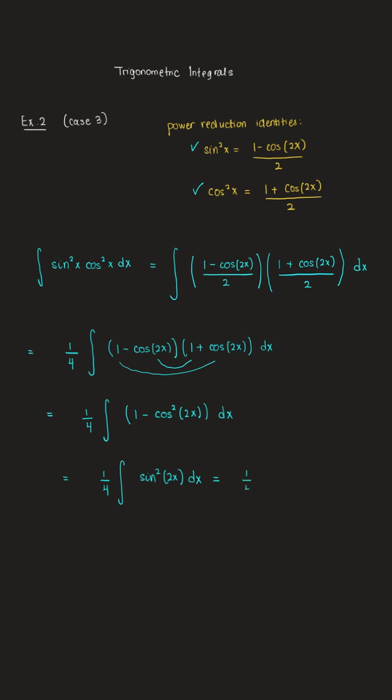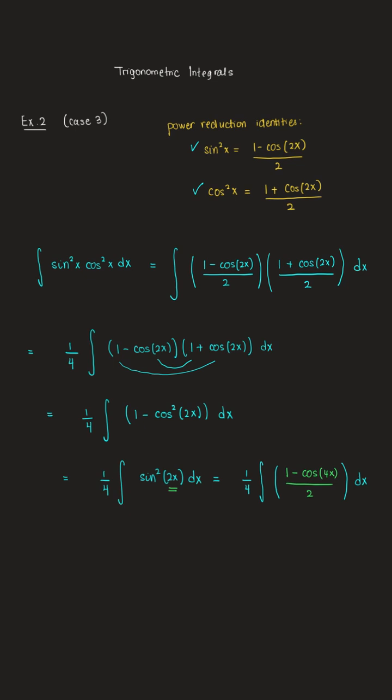So I'm going to write 1/4 integral and use the power reduction identity again. But notice that this time our angle is 2x. When we use the power reduction identity, the angle doubles. So we're going to have to write 1 minus cosine of 4x, because that angle is going to double, over 2 dx.